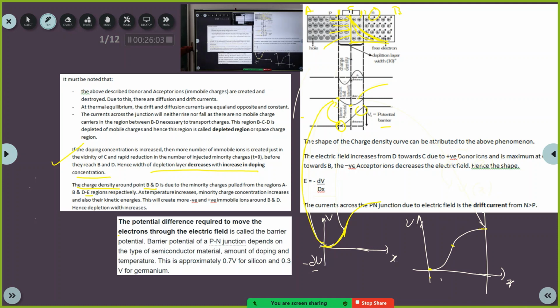This will create more negative and positive mobile ions around B and D, and the depletion width increases with the temperature. Did you understand this paragraph?